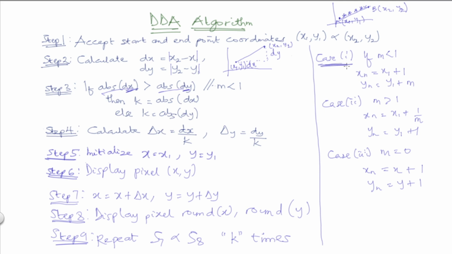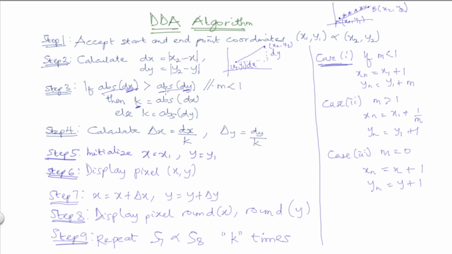So in that case, you have the value of y far lesser than the value of x. When the absolute value of x is greater than the absolute value of y, in that situation m is less than 1, then k will be represented as the absolute value of x.